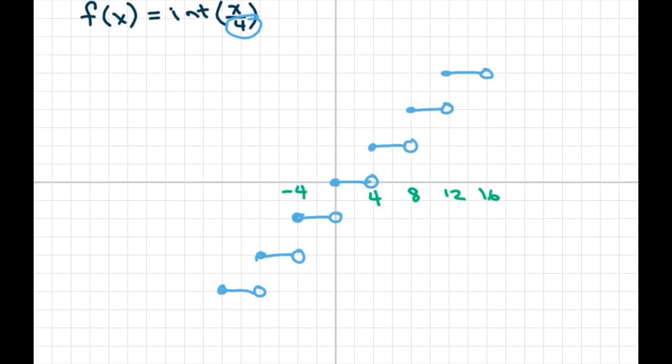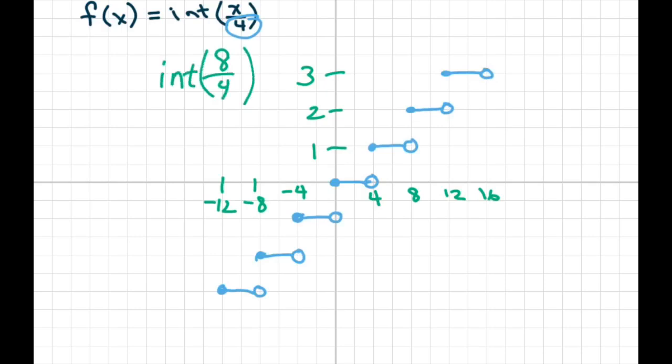This side would be negative 4, negative 8, and then negative 12. And our range here is 1, 2, and 3. If you plug in 8, that maps to 2. So 8 divided by 4, doing the greatest integer, maps to 2. Everything else stays on this line. Domain, again, is all real numbers. The range, again, is all integers.